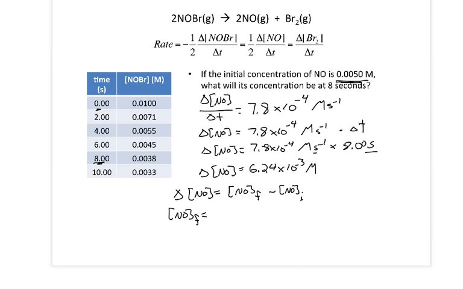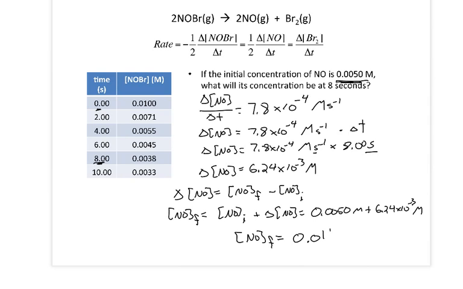So the final concentration is going to be the initial plus the change. So 0.0050 plus the change. When I add those together, I get that the final concentration is 0.0112 molar.